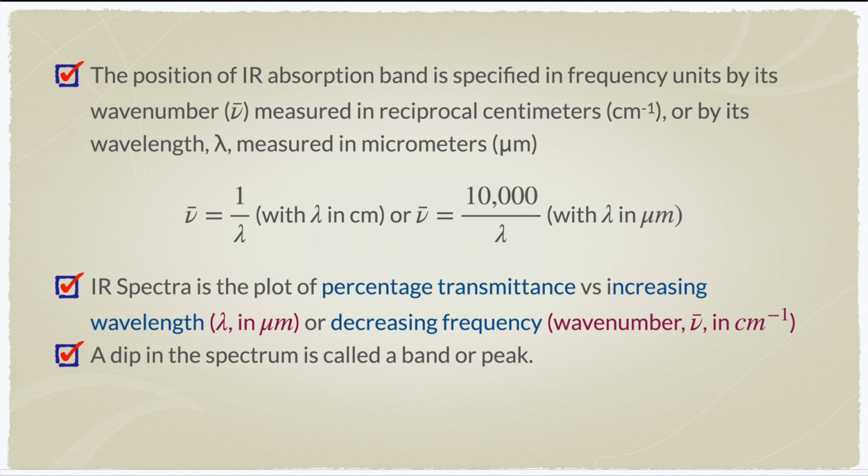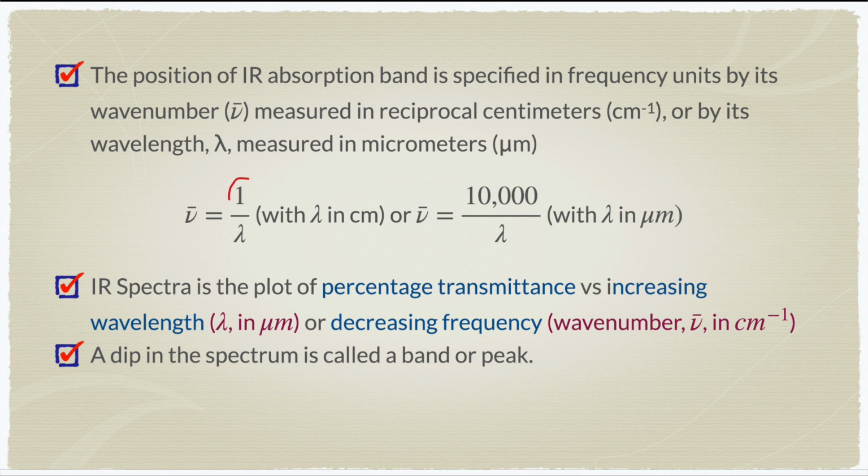Or you can also express the position of the IR absorption in wavelength, that is measured in micrometers, not in nanometers, it is measured in micrometers. Now you can see here the relationship. The wave number is equal to 1 by lambda. Now the difference here is that the nu value is nu equals c by lambda.